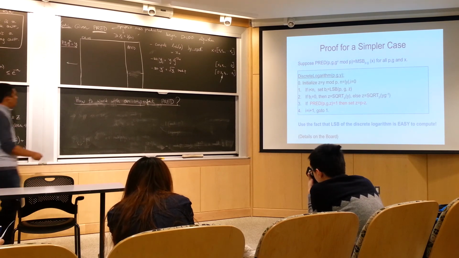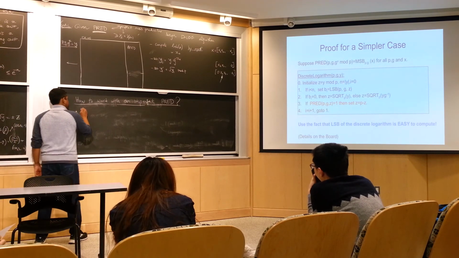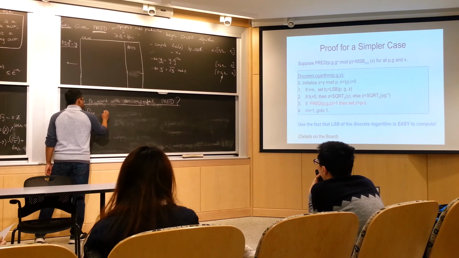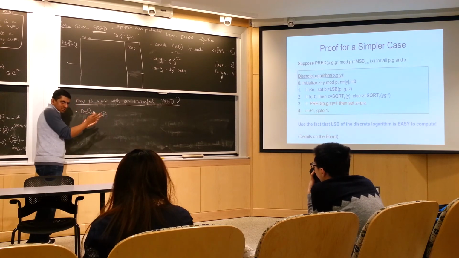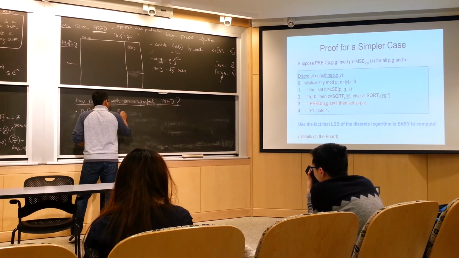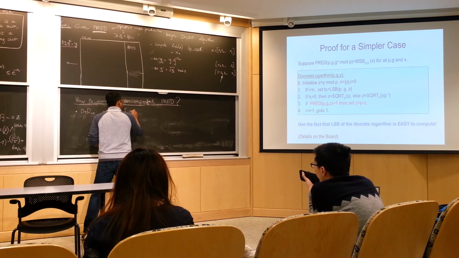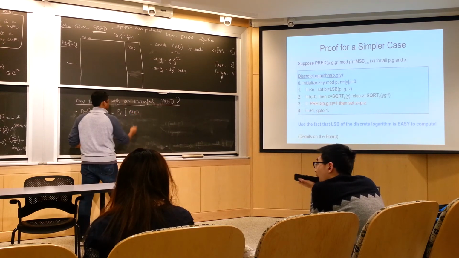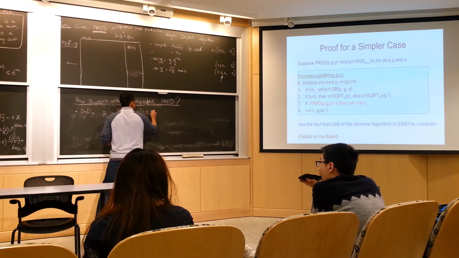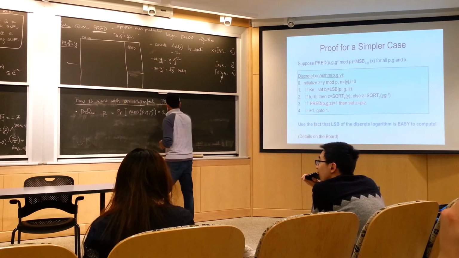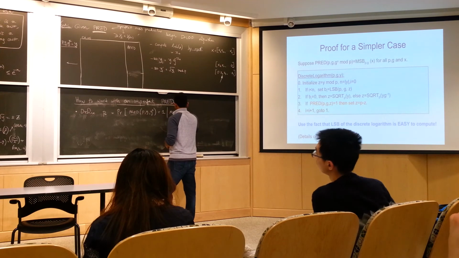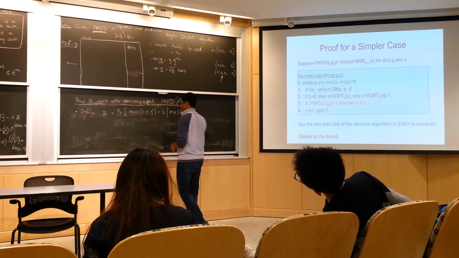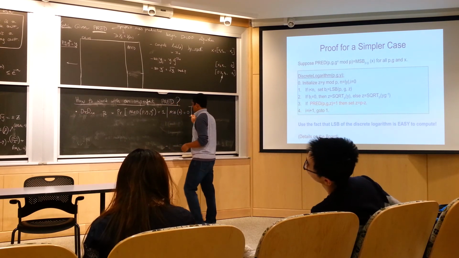Let me define two numbers. This doesn't use anything, I'm just defining things. P0 is a probability: the predictor, on input P, G, and G to the X, outputs 1, conditioned on the MSB of X being 0.